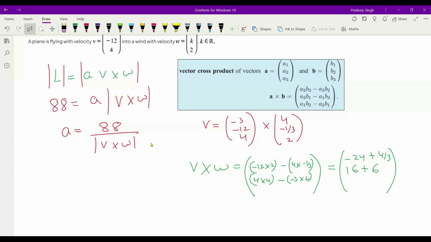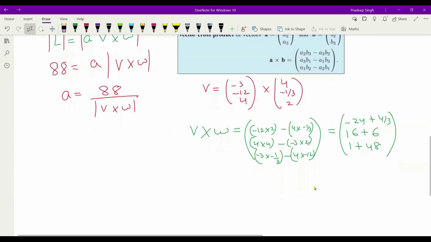And for the Z component, we'll write -3 into -1/3 minus 4 into -12. Let's simplify this. We'll get 1 plus 48. So the final answer of V cross W will be the X component simplified to -68/3, the Y component is 22 and the Z component is 49. So that's our V cross W.